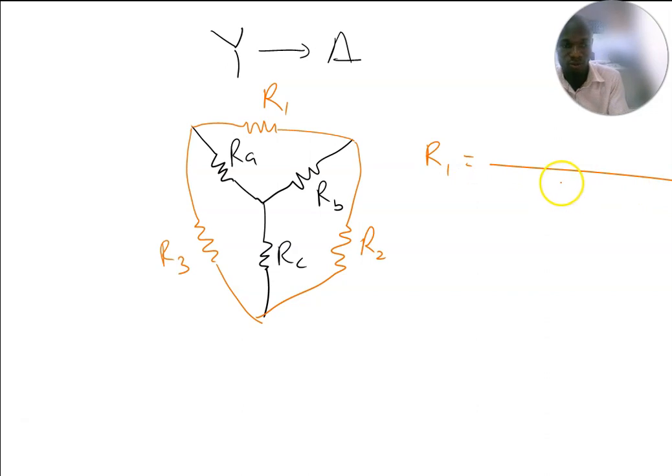It's very simple. We are going to find, let's say, a permutation. We are going to move around the resistors that are inside, either anti-clockwise or clockwise. So I'll first multiply RA times RB.